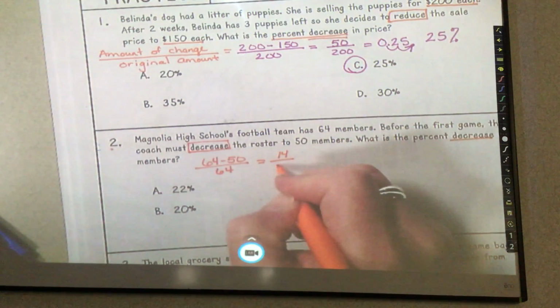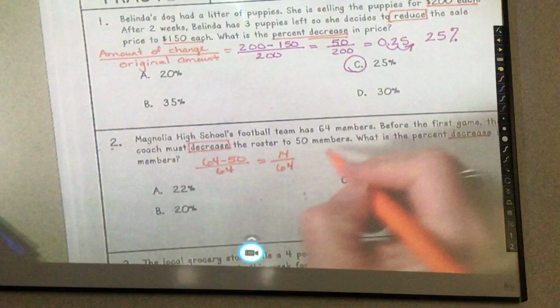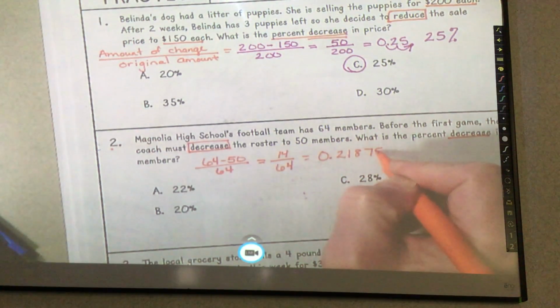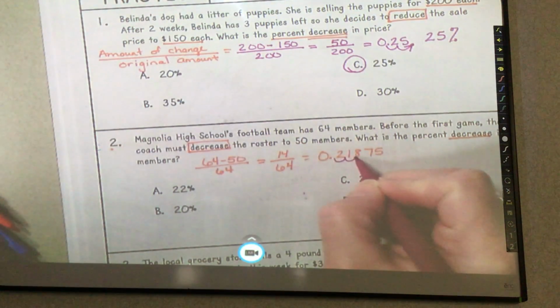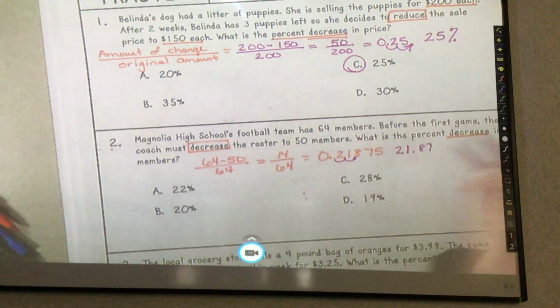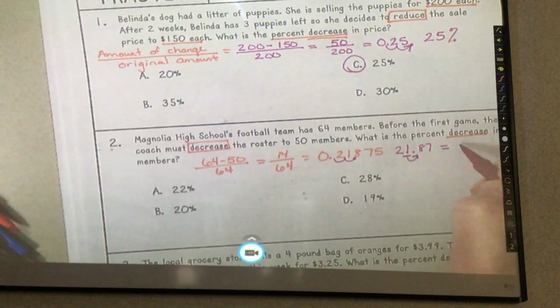Then in my calculator, I take 14 divided by 64, and you get 0.21875. Move your decimal 2 places to the right, to 21.87, so we round to the nearest percent. It rounds to 22%.